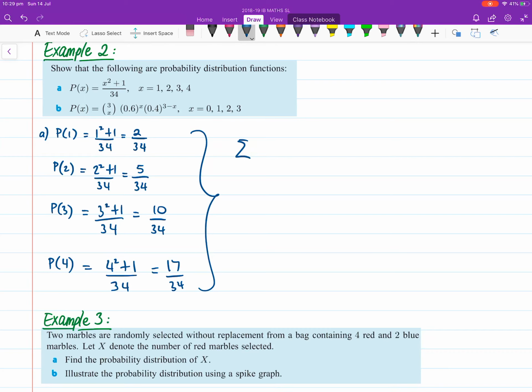The sum of the probabilities of your events x_i is equal to, and you've just got to chuck it in the calculator, 2 over 34 plus 5 over 34 plus 10 over 34 plus 17 over 34. And it does add up to 34 on 34, which is 1, which is perfect, very good.